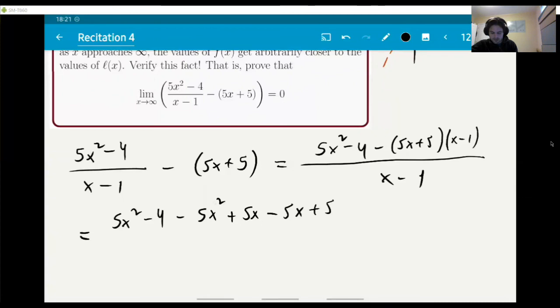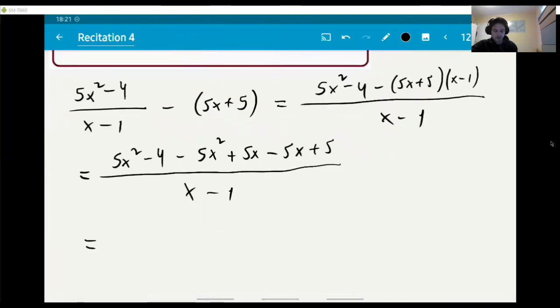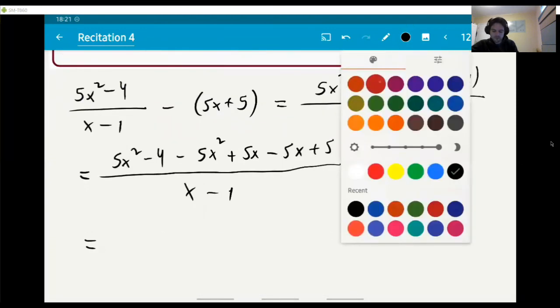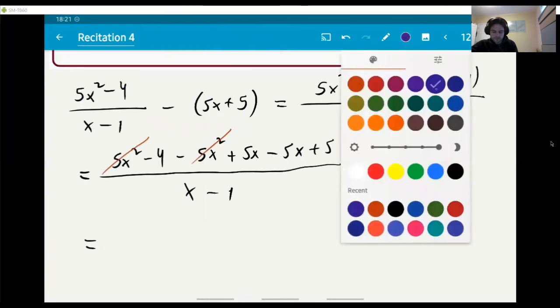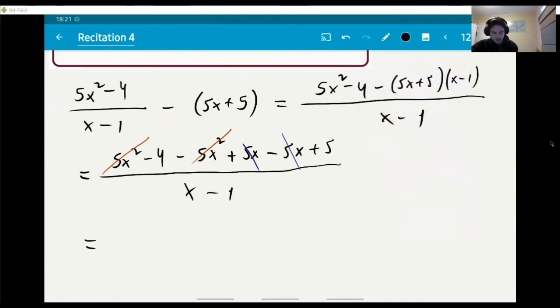Minus 5x squared plus 5x minus 5x plus 5. That's good. Over x minus 1. You see that a lot of things are going to drop out. 5x squared minus 5x squared, and 5x minus 5x. So you are just left with 5 minus 4, 1, over x minus 1.